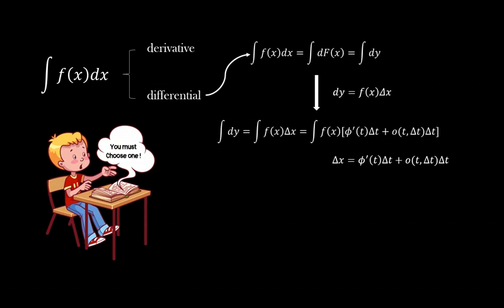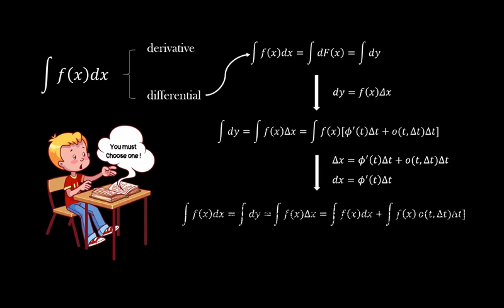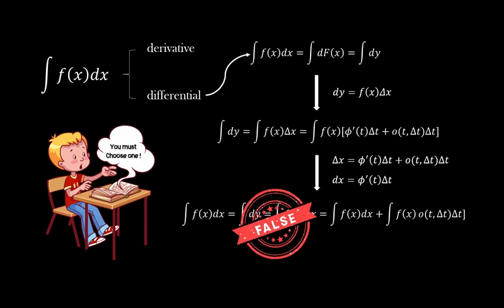In this way, we could find that its linear main body, i.e. the differential, was dx equals phi prime(t) delta t. Therefore, we have the equation as this, which could be deduced, and is obviously wrong.